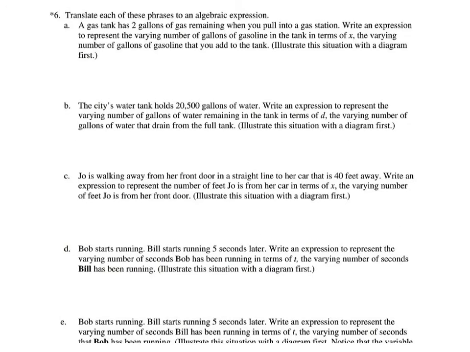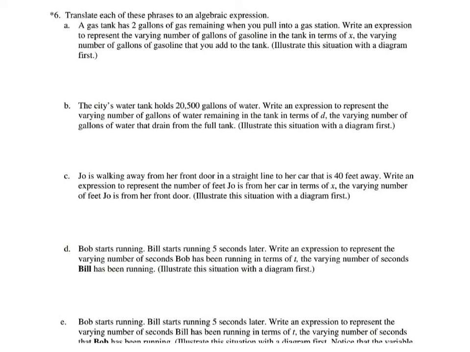Question 6 asks you to use an algebraic expression to describe one varying quantity in terms of another varying quantity. This means that we will be describing one variable using an algebraic expression that contains the second variable. For example, in part C, the problem tells us that x stands for the varying number of feet that Jo is away from her front door.